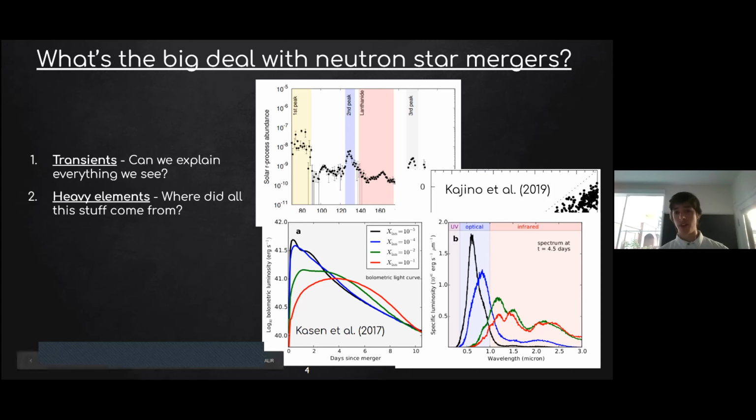If you have a lot of these heavy elements, it happens much more slowly and is much dimmer and much redder. This is also mediated by neutrinos. I'll get back to the impact of neutrinos in a bit, but yeah, neutron star mergers are, we think, intricately tied to how these heavy elements are formed. Now, I should say it's still not certain.